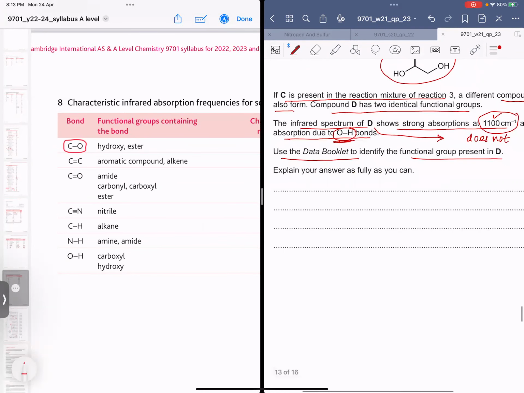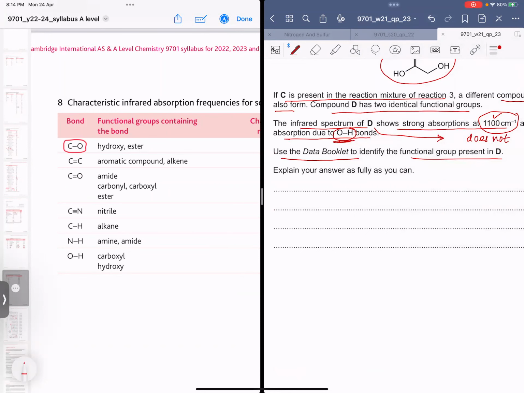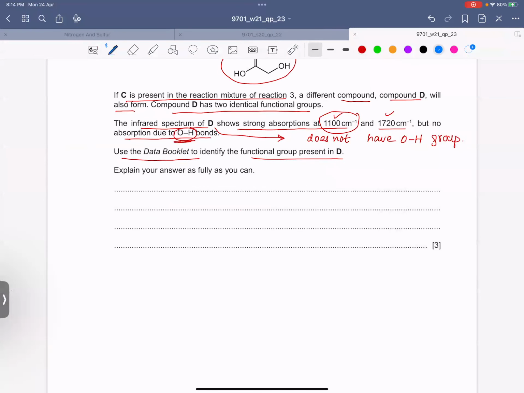So I write it over here: the absorption at 1100 cm⁻¹ is due to C single bond O.